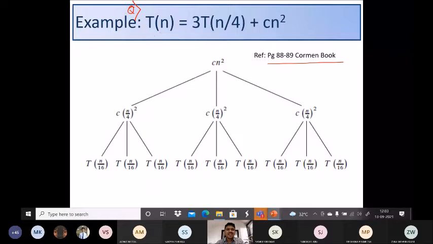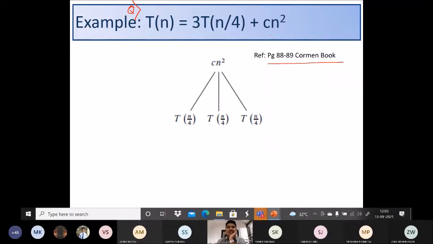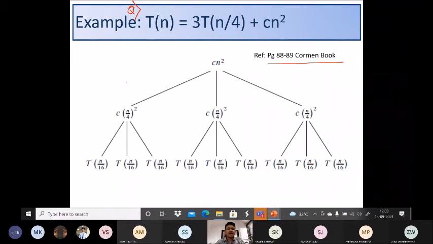See, T(n) = 3T(n/4) + cn². There is a diagram. Don't go through this diagram, this diagram is better, otherwise you will get confused. So just go through this diagram. T(n) = 3T(n/4) + cn². From where should you start?